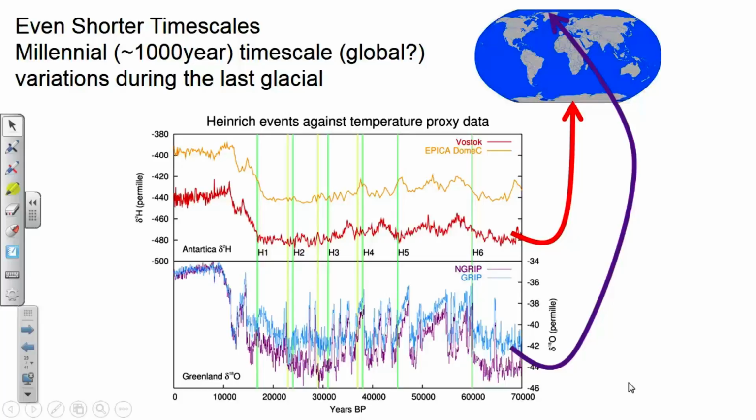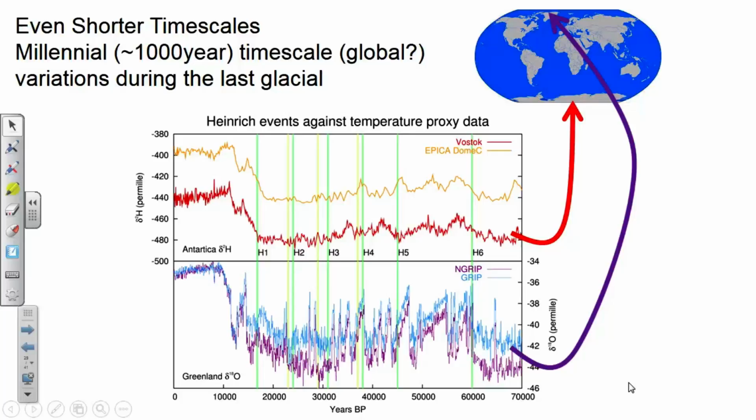This means it's too short to be caused by orbital variability, because the shortest orbital variability was like 19,000 years. If variation is happening on a shorter time scale, it cannot be caused by that slower change in forcing.